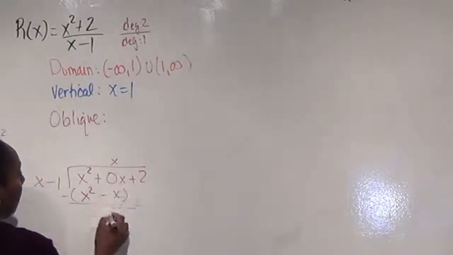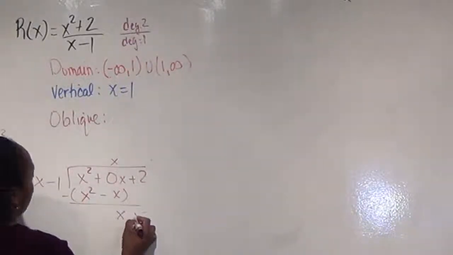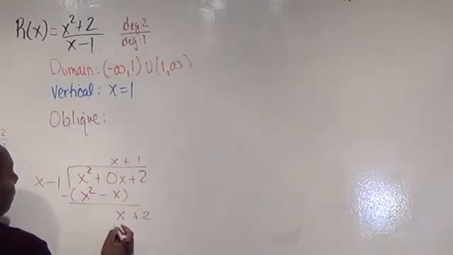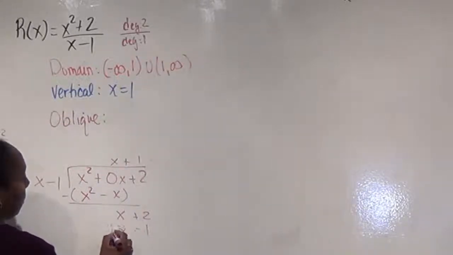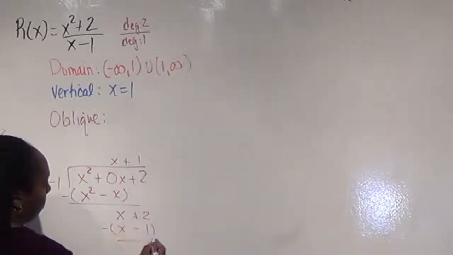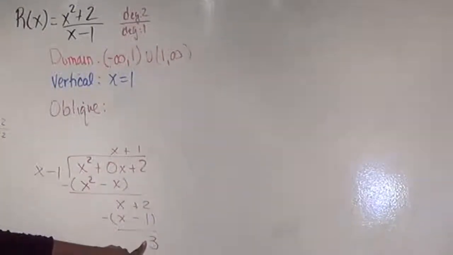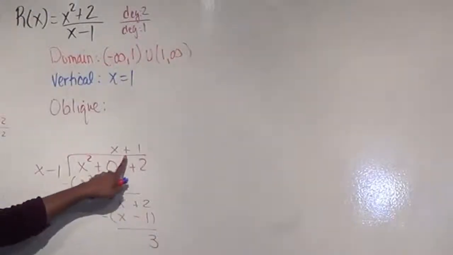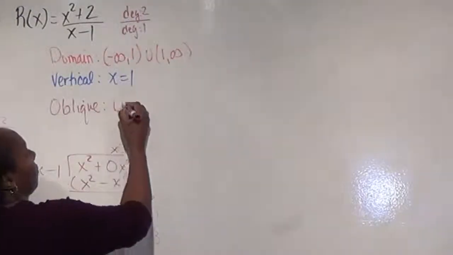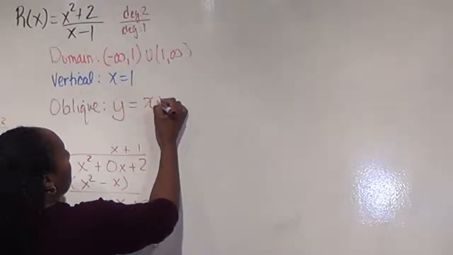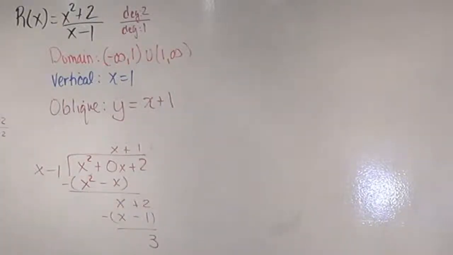We'll get an x plus 2, and we can add a 1 there to get an x minus 1. Subtracting 2 plus 1 looks like 3. Here, I don't care about this remainder. All we care about is the quotient. So y equals x plus 1 is going to be my oblique asymptote.